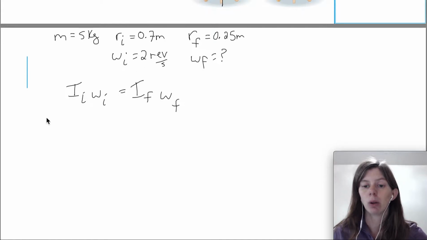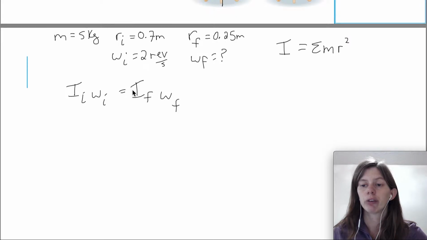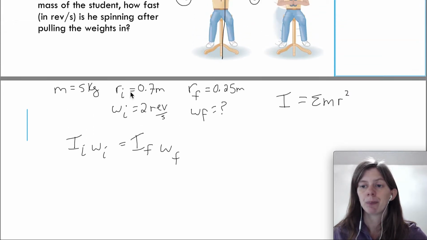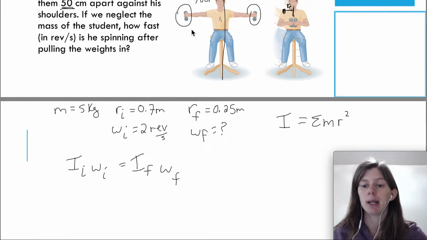So for particles, the moment of inertia is the sum of mr squared, if you remember our definition for particles. There are two weights, right, there's a weight on either side. So the total moment of inertia at the beginning is m r initial squared plus m r initial squared, because there are two masses and they both have the same mass of 5 kilograms.